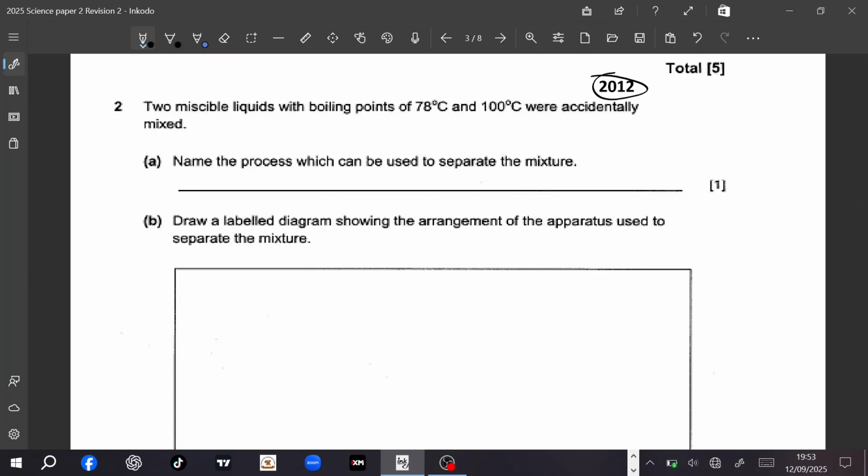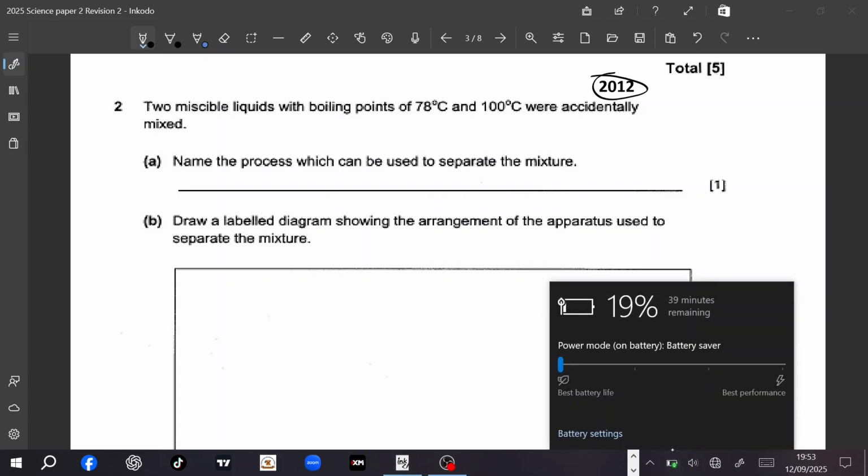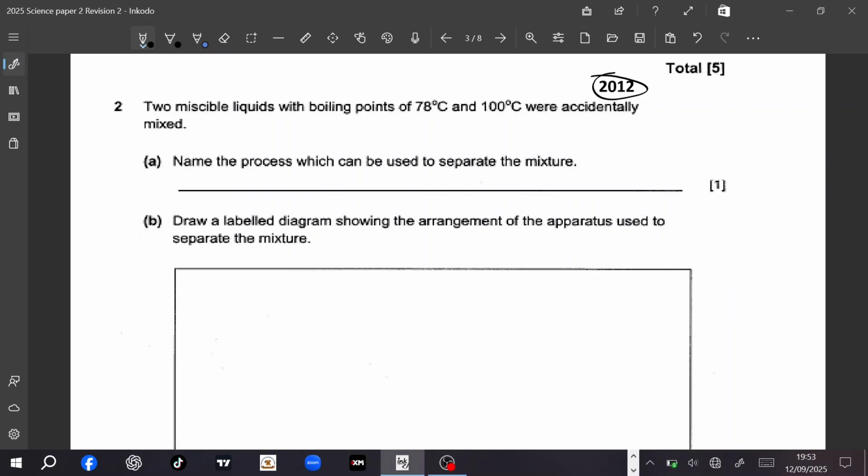Okay, so we will end here because the battery for my laptop has shown me that it is now finished. You can see I'm remaining with 19%, which is 39 minutes. So let me answer this question, and then the rest of the questions will be answered in another video.